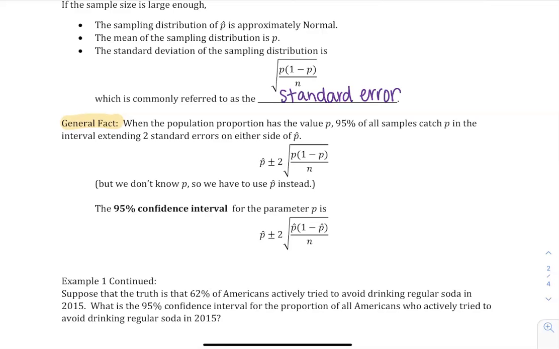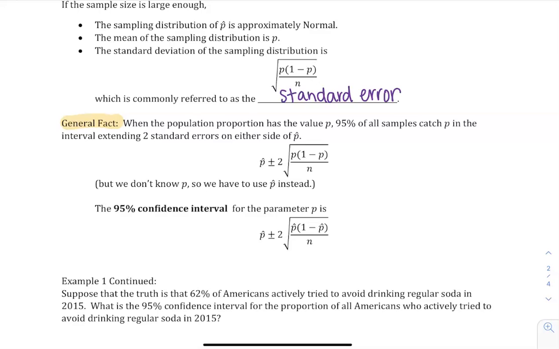And then here's a general fact that we need to accept. We're not going to worry about all of the theory behind this, but what we need to understand is that when the population parameter has some value p that we don't know, it doesn't matter that we don't know it, because the theory here tells us that 95% of all samples are going to catch that true value in the interval extending 2 standard errors on either side of our sample proportion.